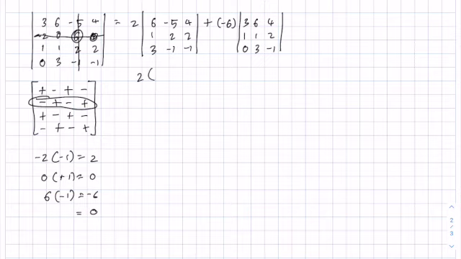The determinant of this one is, from what I got, negative 46. And then we add negative 6 times the determinant of this one here, which I got as negative 6. If you solve this out, you should get negative 56 as your answer.